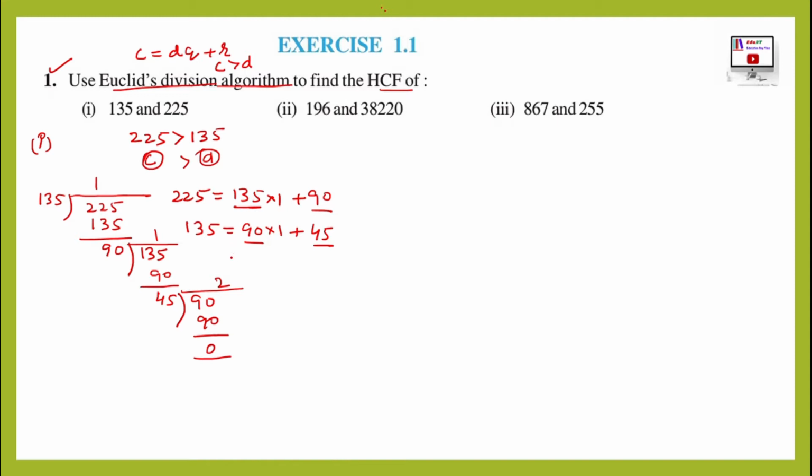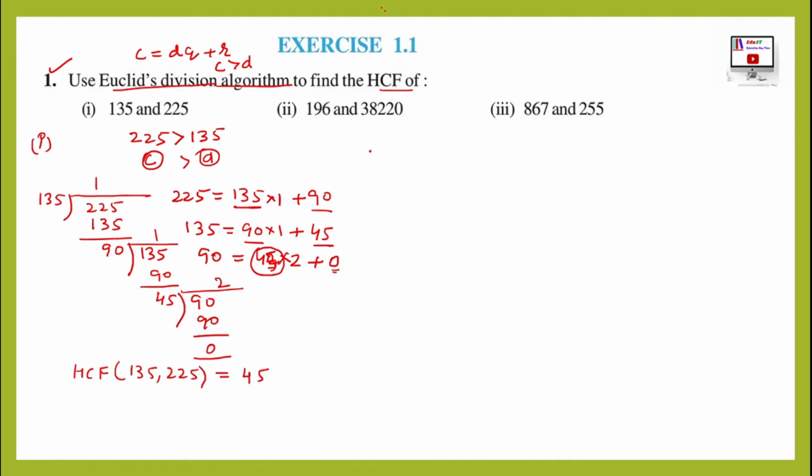So next step is this 90 is written as 45 into 2 plus 0. So this remainder is 0. So at this stage, this value D, this divisor will be the HCF. So HCF of 135 and 225 is equal to 45.